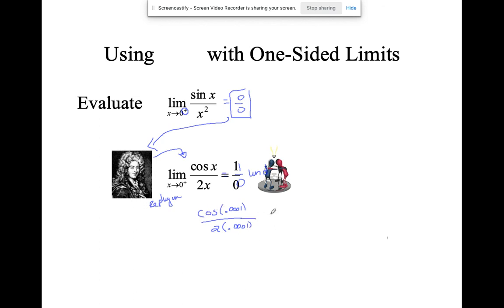Remember what cosine looks like. Do you agree that the denominator is certainly 2.001? This is positive. And cosine of 0.00001 is positive and really close to 1, though.